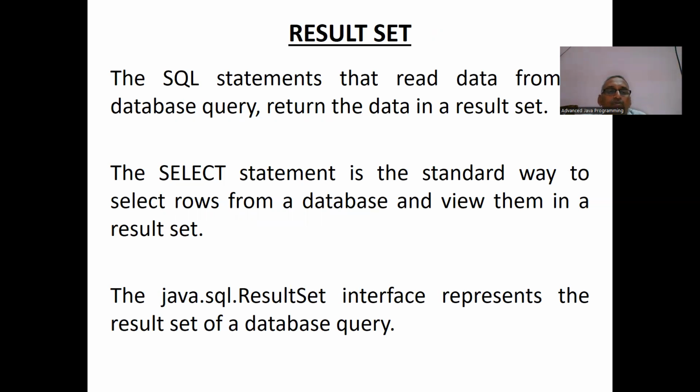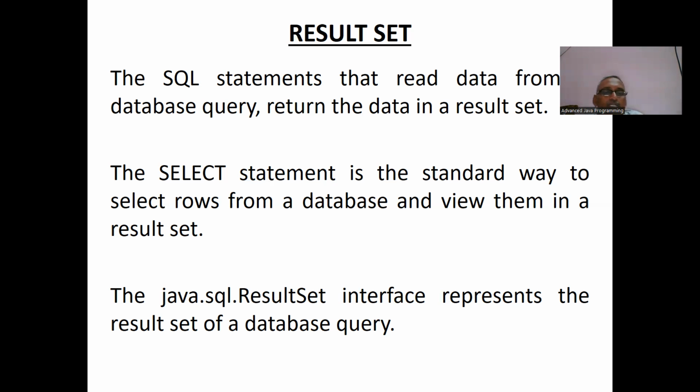The java.sql.ResultSet interface represents the result set of a database query. A result set object maintains a cursor that points to the current row in the result set. The term result set refers to the rows and columns of data contained in a result set object.